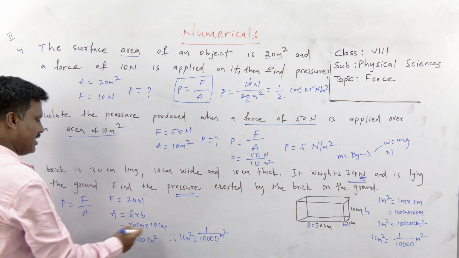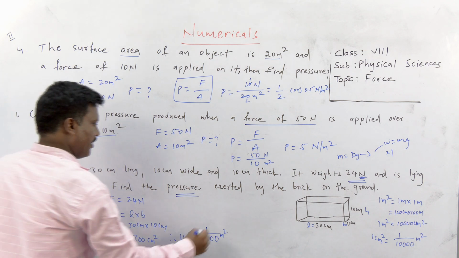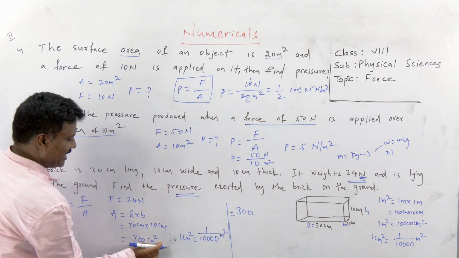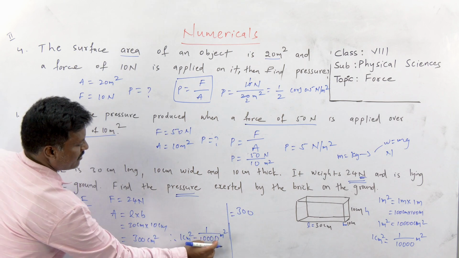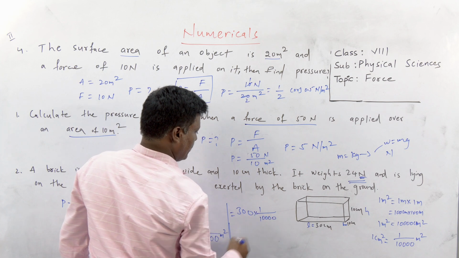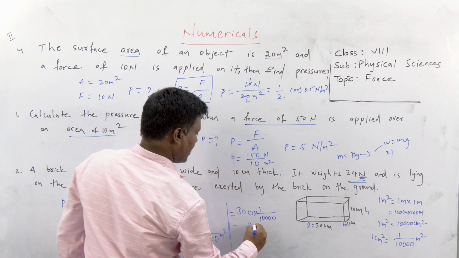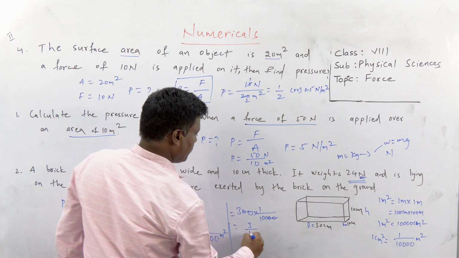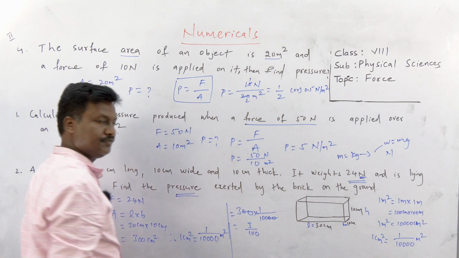That value we have to write in the place of centimeter square. If you write, okay, 300 is as it is. In the place of centimeter square, we write 1 by 10,000. So 300 by 10,000. 2 zeros cancel. That is 3 by 100.